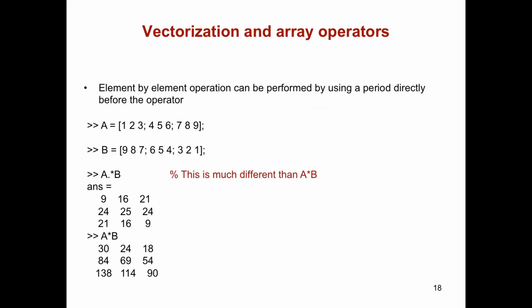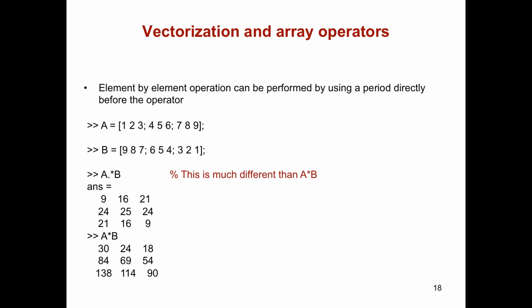Couple of more things. One part of this vectorization, or operating on arrays, vectors and matrices element by element, is that for every operator, such as times, A times B is my matrix multiplication. However, if I say A dot times B, then it's going to multiply element by element.